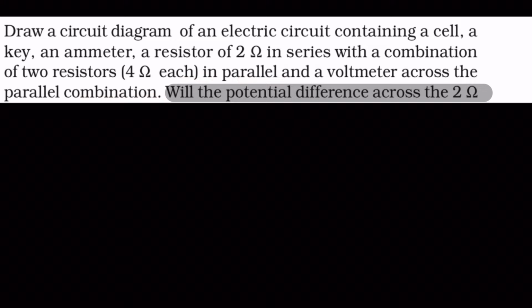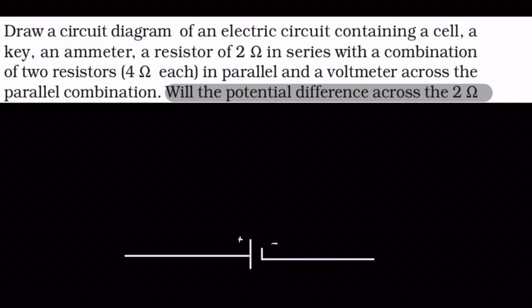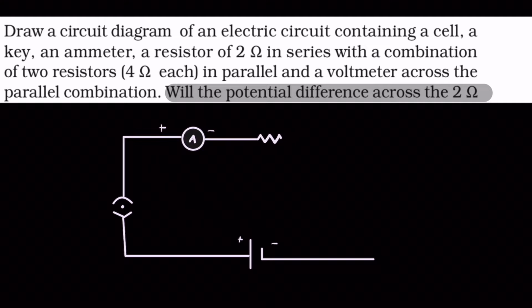So we have a cell. We can first draw a cell and here is a key. Key means switch, and an ammeter, and there is one resistor of 2 ohm. These are all connected in series and there are two more resistors which are connected in parallel.